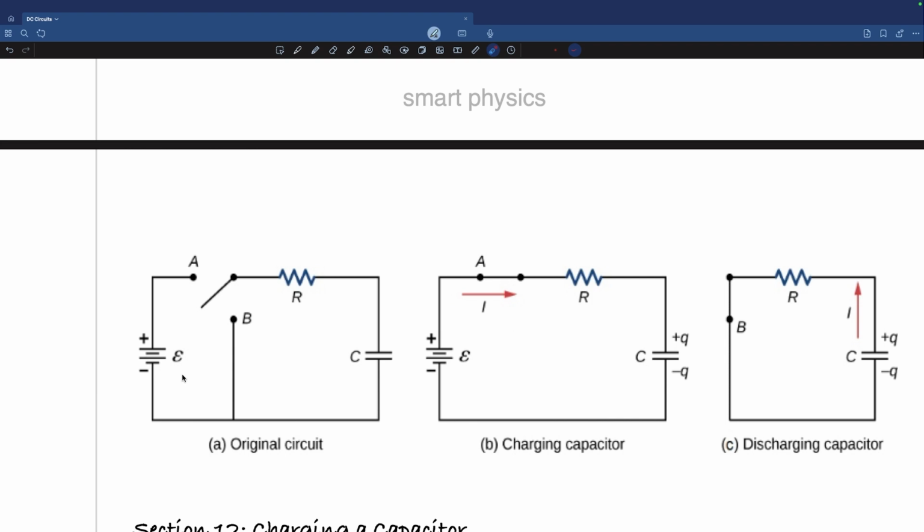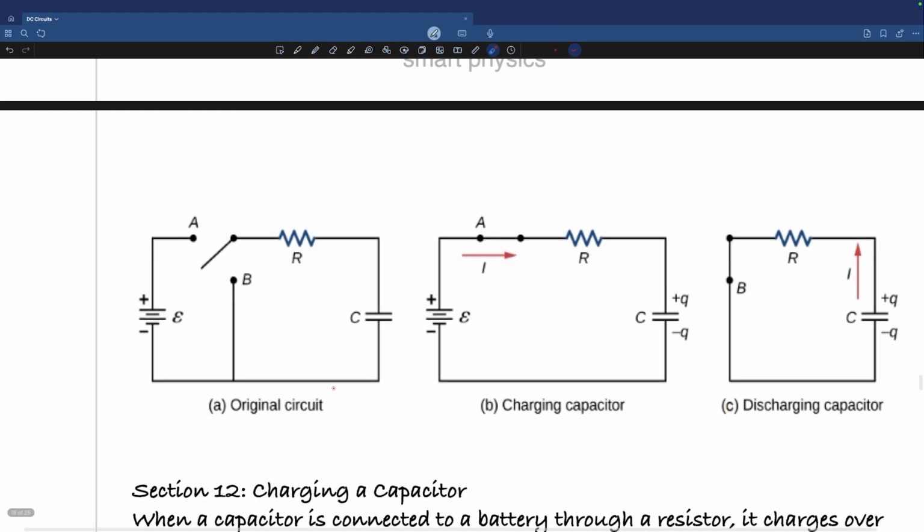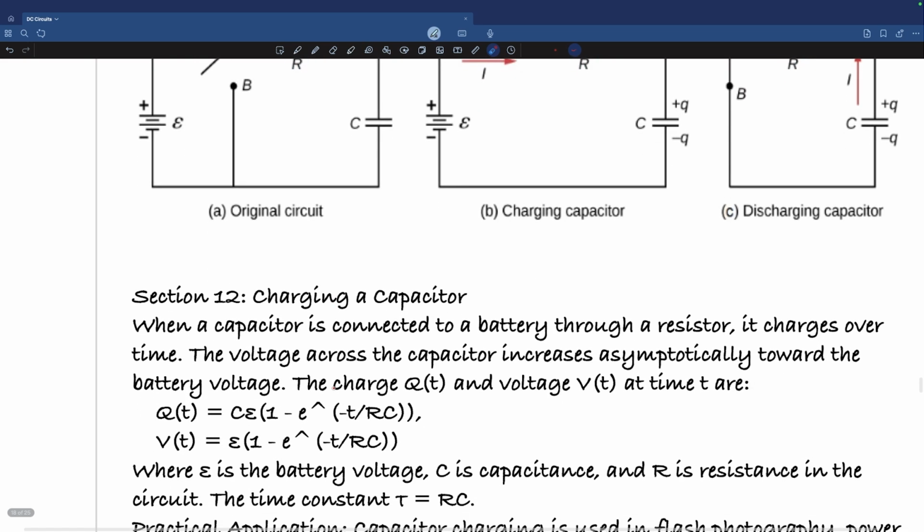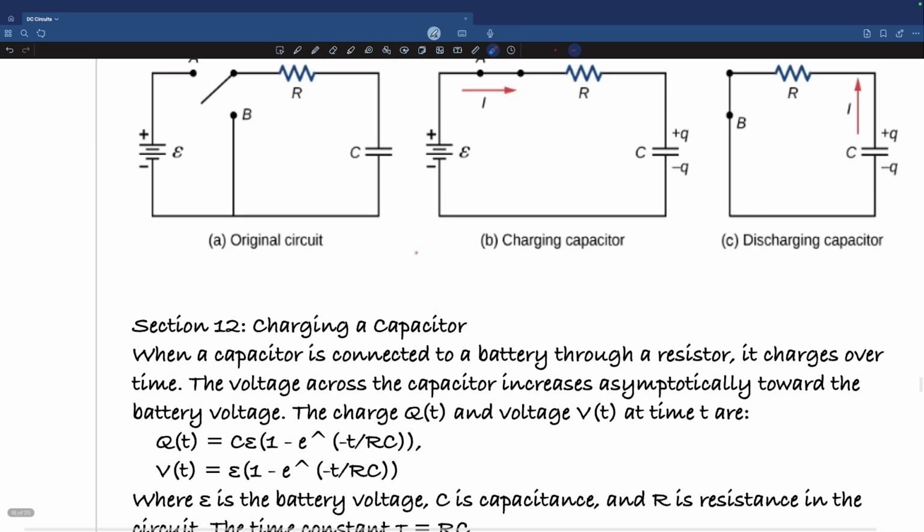One of the other important quantities in this circuit is the voltage of the battery, which is E. And the other two are the resistance and the capacitance values. That's all we need. We're going to find an equation for charging a capacitor. I'm not deriving it here, but you have to know that this is going to be an exponential equation. Here it is, a very important equation. The charge on the capacitor, this is for charging.